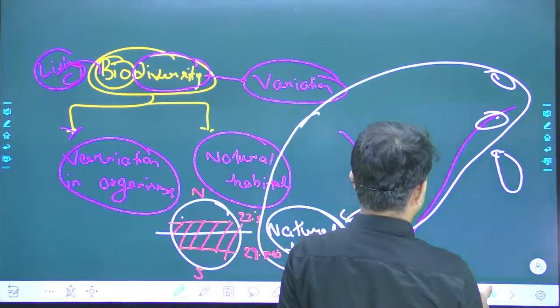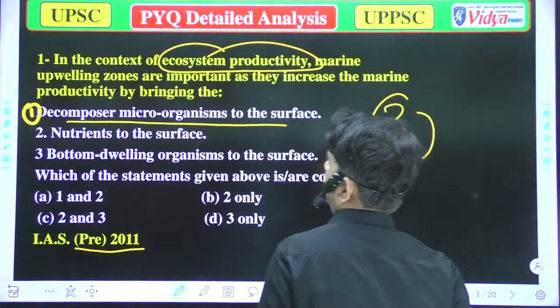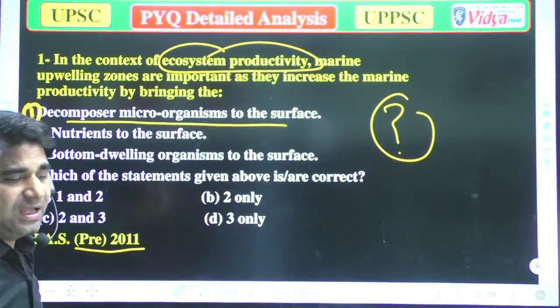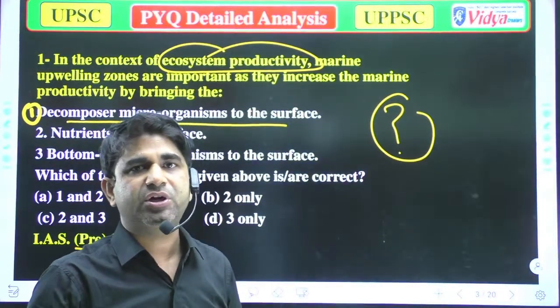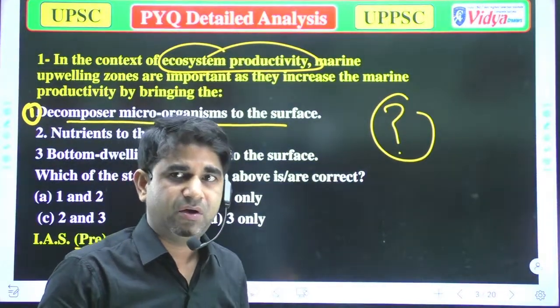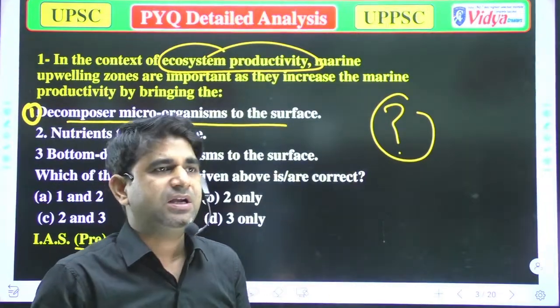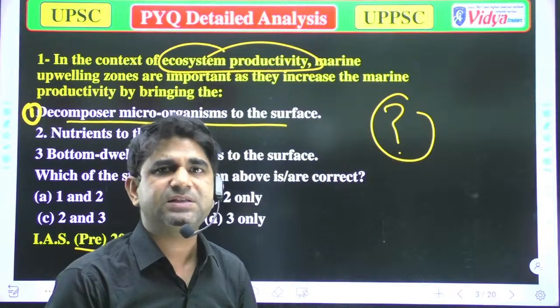In our previous question, we discussed in the context of ecosystem productivity, because every ecosystem has a productivity, which means how it produces energy; its energy is its productivity.